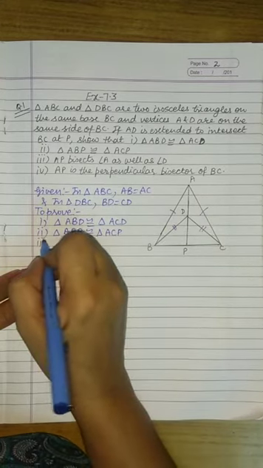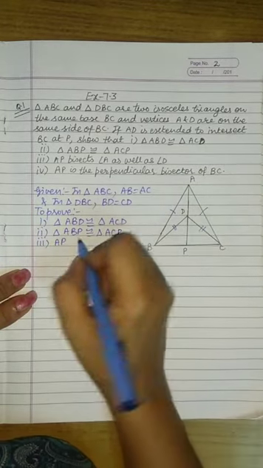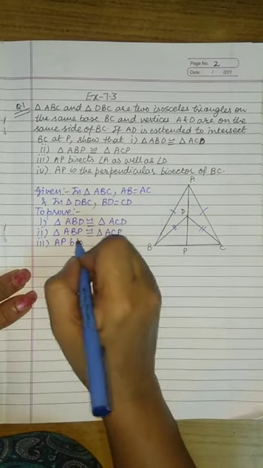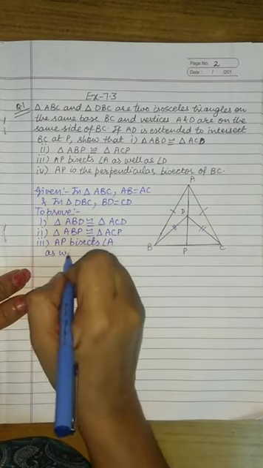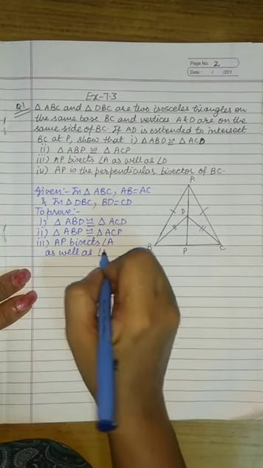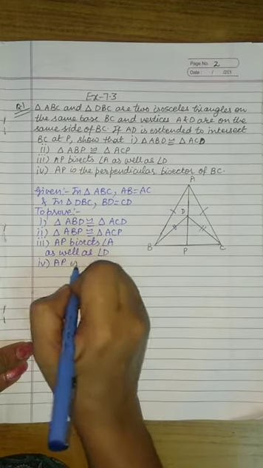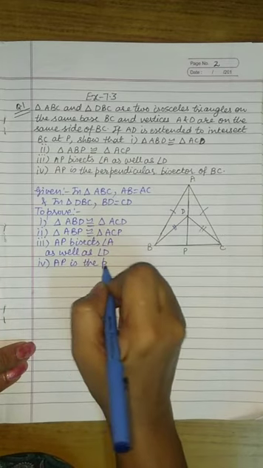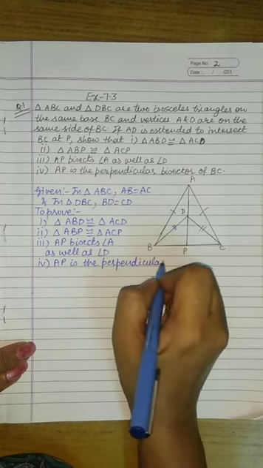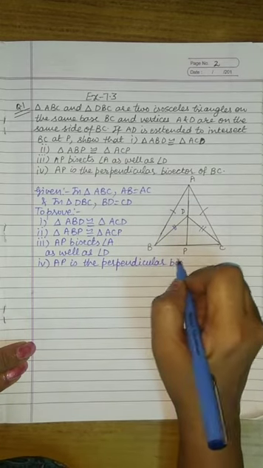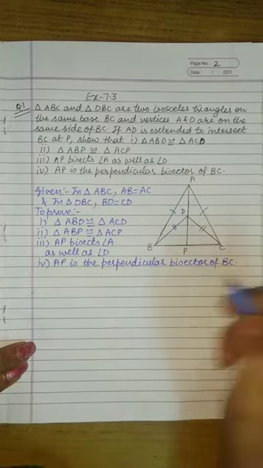And in the third part, AP is bisecting angle A as well as angle D. And the fourth part is AP is the perpendicular bisector of BC. Now let's start from the first part.